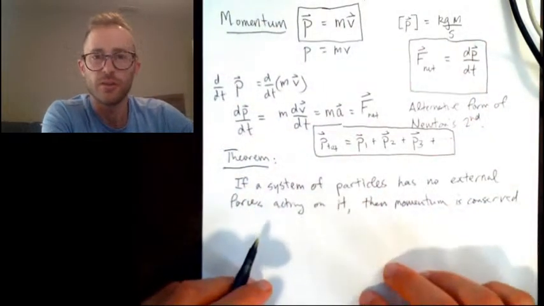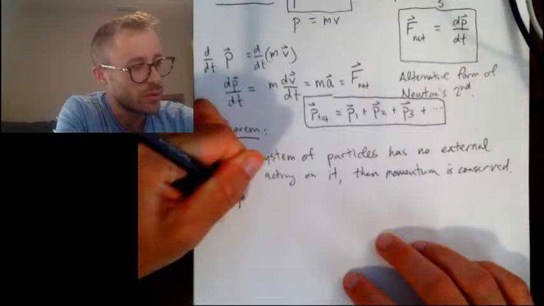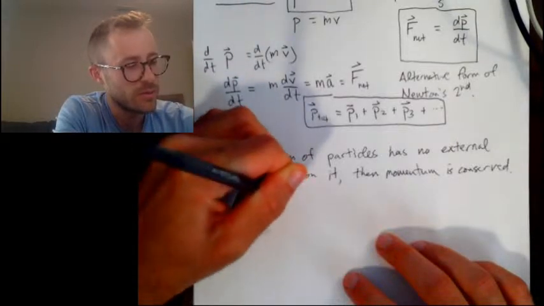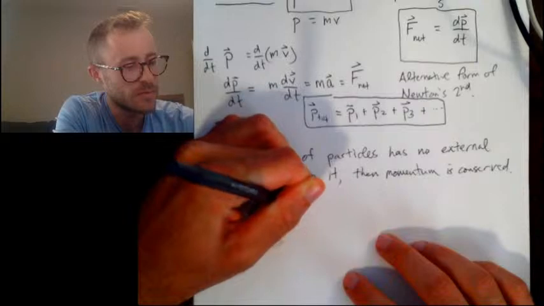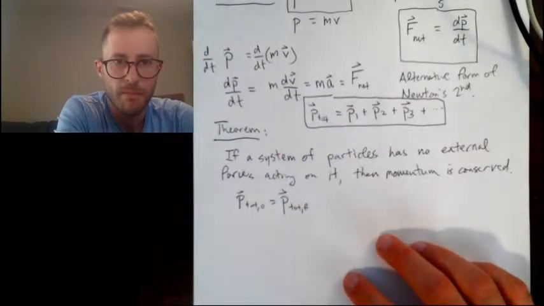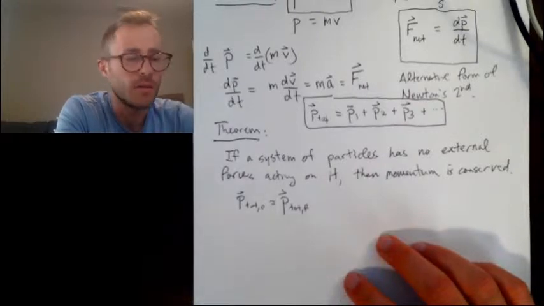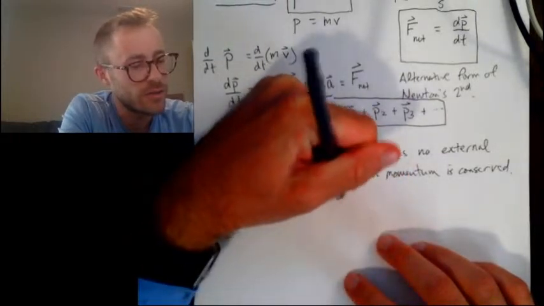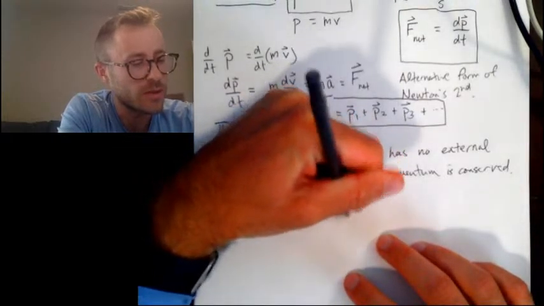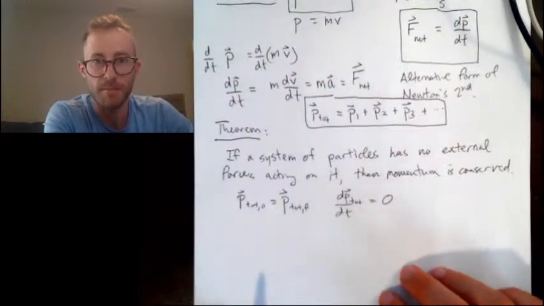And what that means is that the initial total momentum is equal to the final total momentum. Another way of saying that is that the derivative of the total momentum with respect to time is going to be equal to 0.